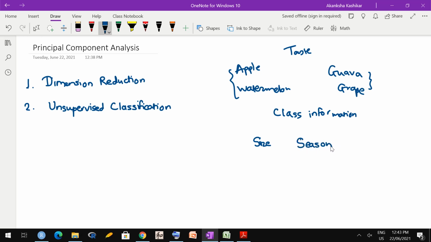Okay, whether it comes in summer, whether it comes in winter, and let's say color of the fruit. Then using only these three variables, color we will say outer color. Okay, inner color can be different. So using only these three variables, can I form some groups in the fruits? That would become unsupervised classification. So PCA can actually be used for unsupervised classification also.